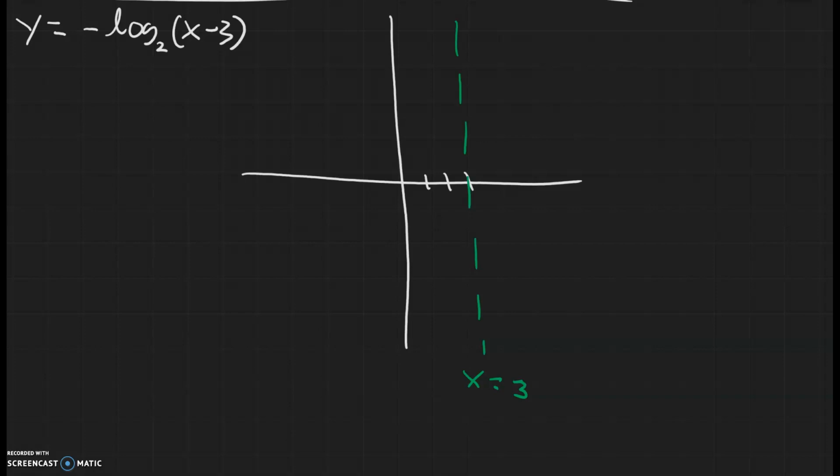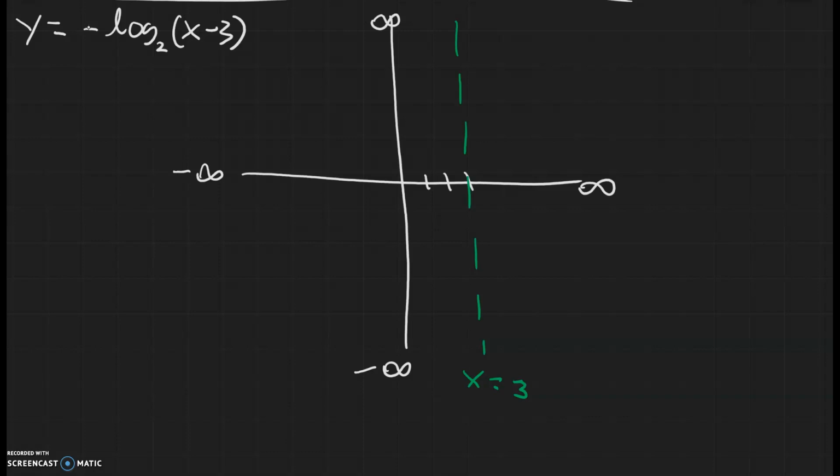And again, we'll go ahead and make our infinity symbols. So we got infinity, negative infinity here, infinity, negative infinity there. Now the graph's going to look something like this. Because of the negative right here, we know it reflects over the x-axis.